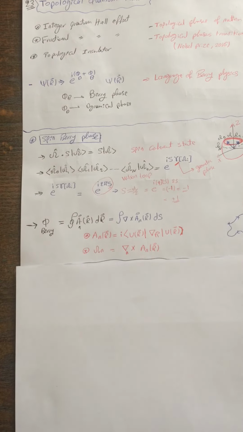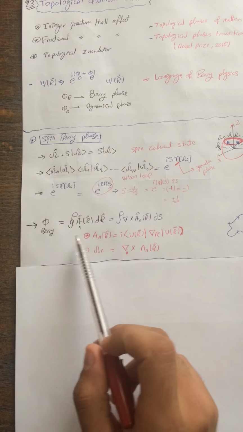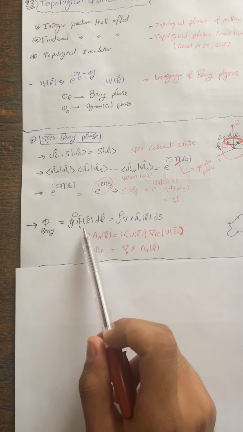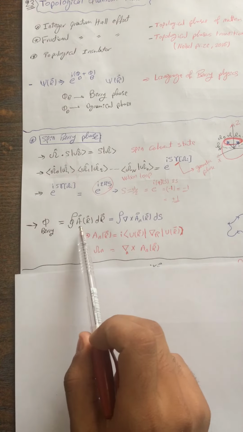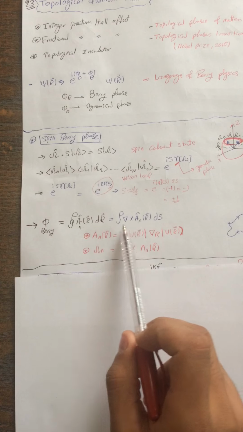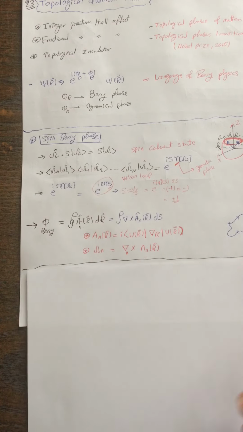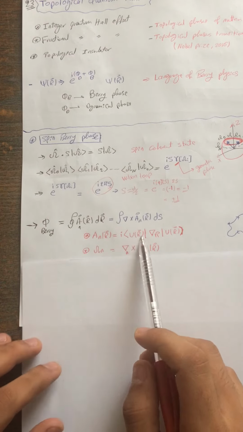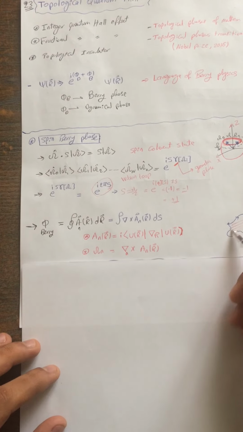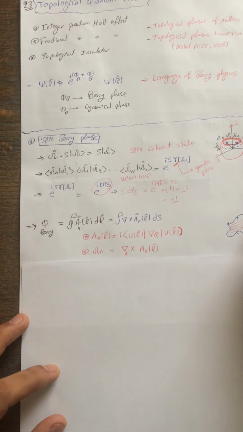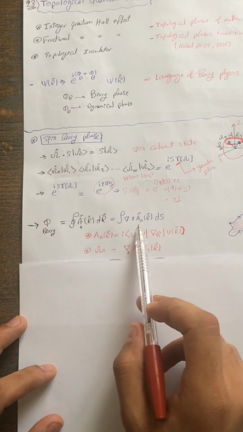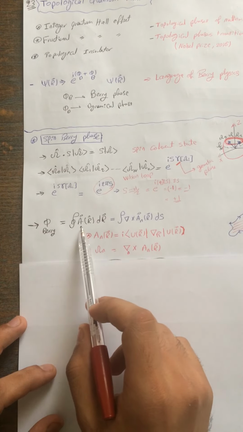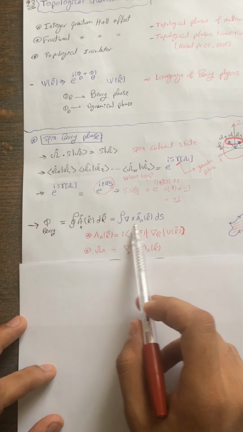The Berry phase, phi, can be defined by taking the contour integral of what we call the Berry connection. And if you invoke Stokes' theorem, you can find that this is equivalent to taking the line integral around the parameter R.